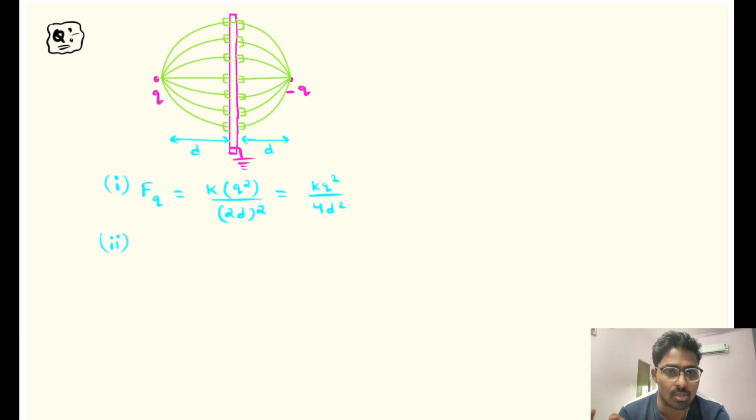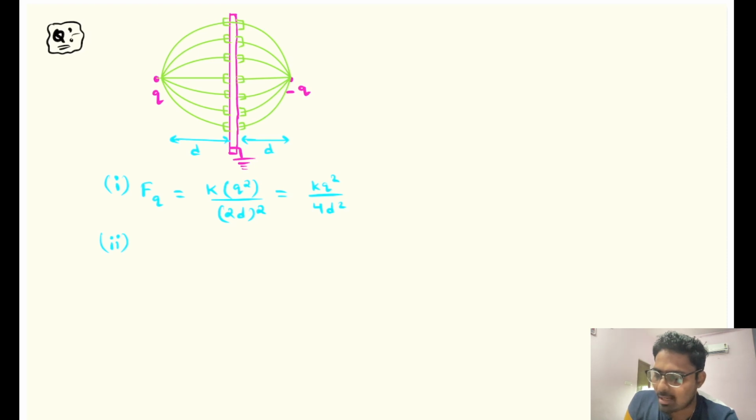You cannot write it because it's a non-uniform charge distribution, so it will be difficult to find. Then, sir, how to solve this? See, as I said, the question that I asked is different, but the system is completely equivalent to this.